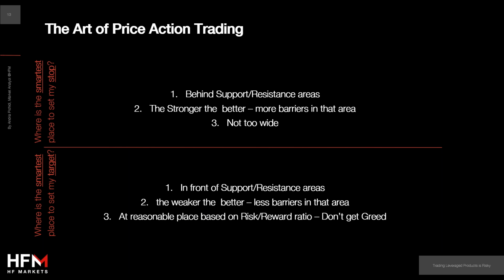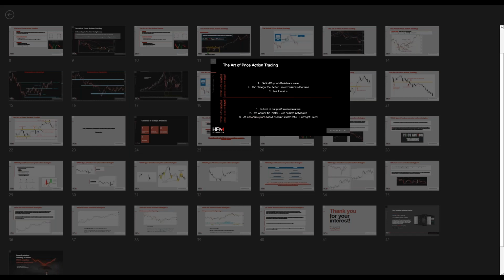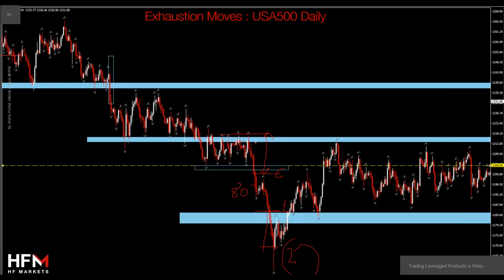Where shall I place my target? In front of support and resistance levels. The weaker, the better, less barriers in that area, at logical places, based on your risk and reward ratio. Don't get greedy. Or measure, like I did earlier: you knew your entry, you had a clue about the potential stop loss by using the previous resistance area, but you weren't really sure how to spot the target area.